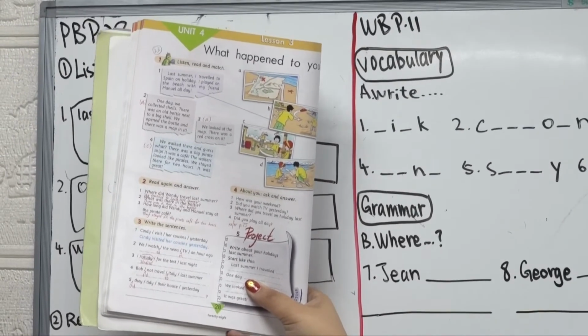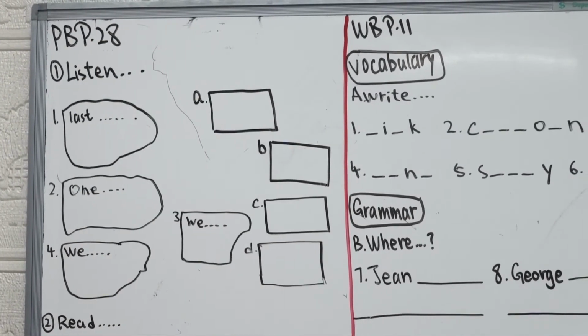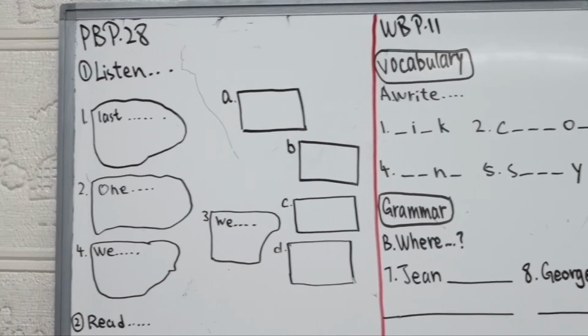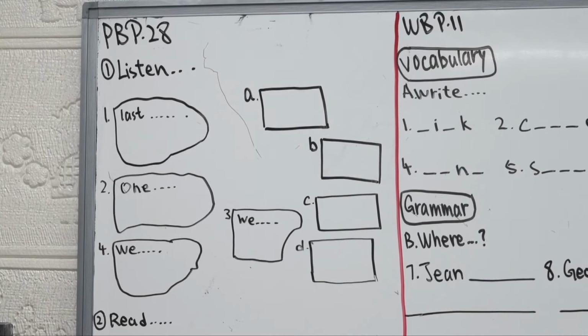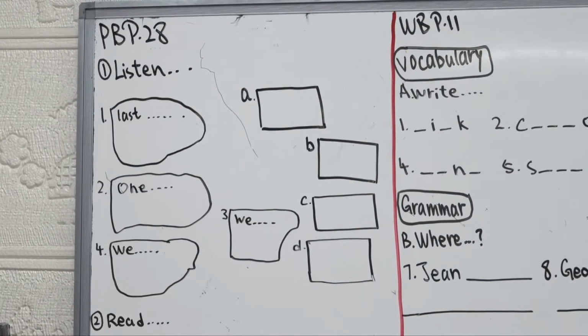This is a page. So what you have to do here, part 1, listen, read, and match. Number 1 has been done for you, right? Number 1, it says, last summer, I traveled to Spain on holiday. I played on the beach with my friend Manuel all day.